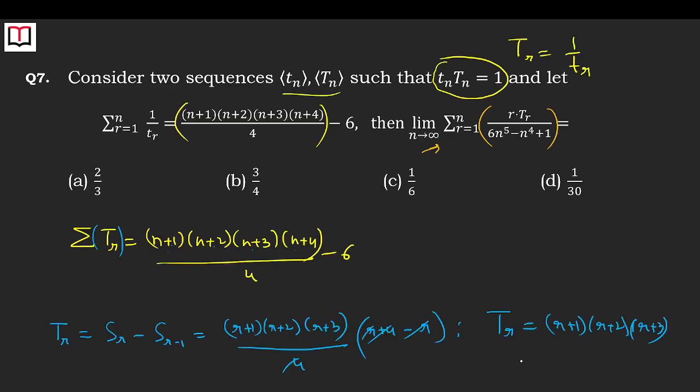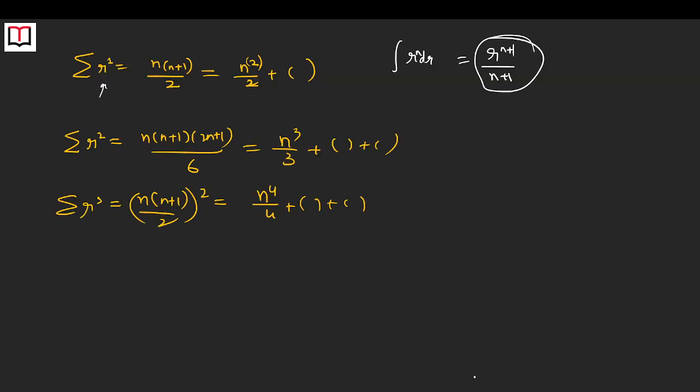So r into TR will be a fourth degree polynomial with leading coefficient as 1. Okay, so if we put summation here, so I'm writing it here. Summation r into TR will be a fifth degree polynomial, leading coefficient as 1 by 5.